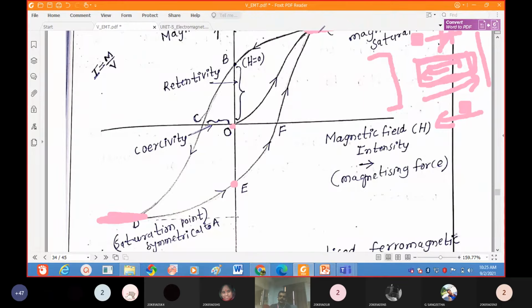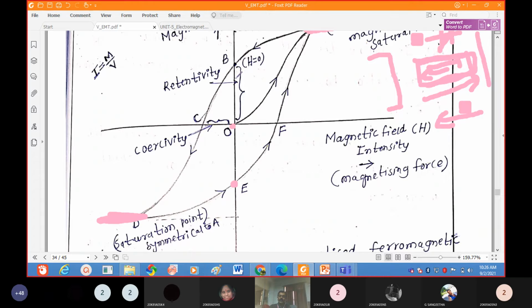The original direction is OA, but now it is decreasing in the direction of A to B. If the H value becomes 0, the B value does not become 0. That B value we call retentivity, the residual magnetic field inside the bar magnet.